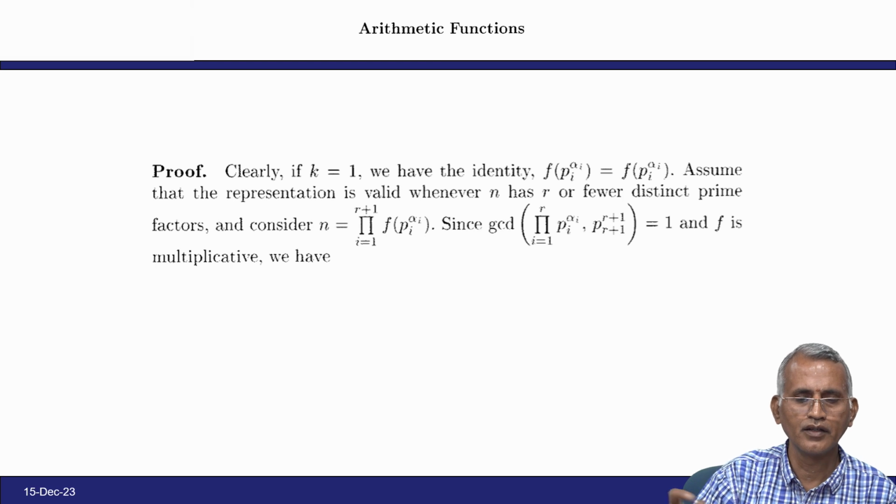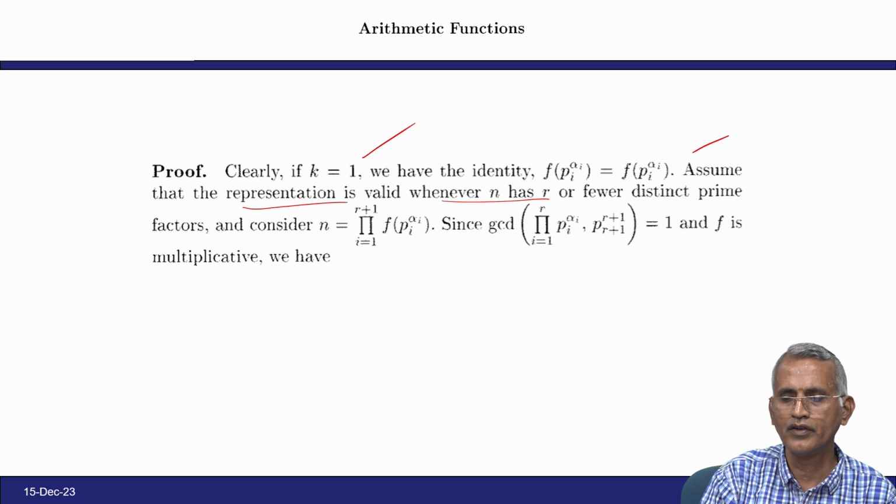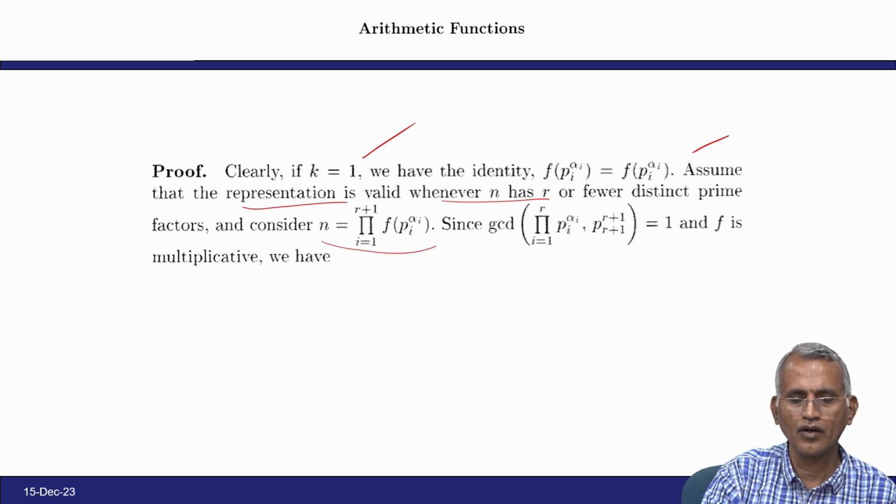And clearly, if k equal to 1, then f of p_i whole power alpha_i equals f of p_i to the alpha_i; the first term will come. Assume that this representation is valid for n with r or fewer distinct primes, and n is equal to the product of i varying from 1 to r plus 1 of p_i whole power alpha_i.